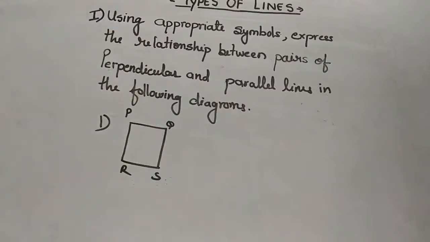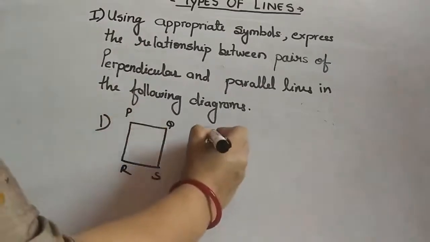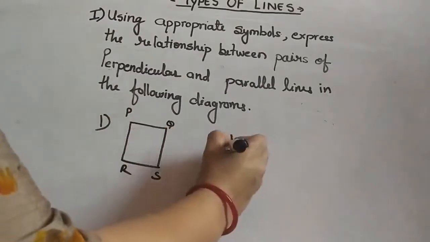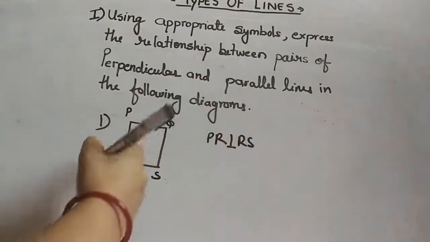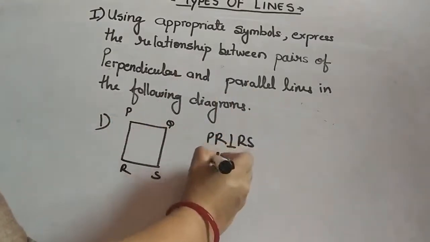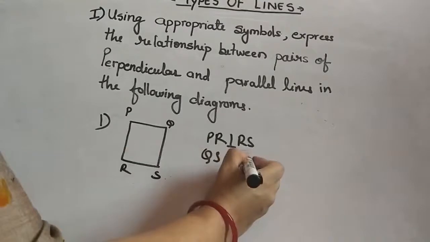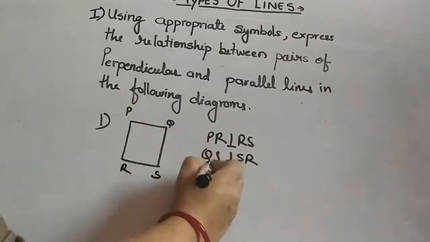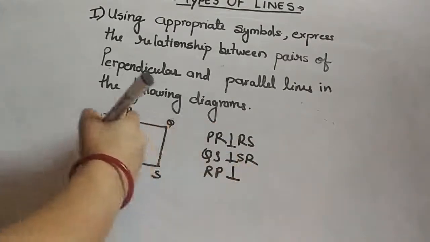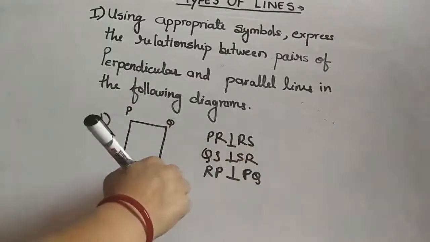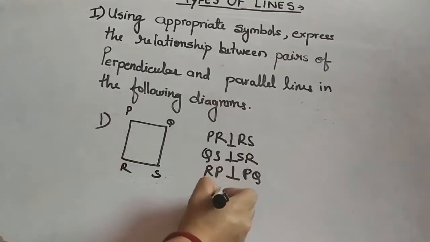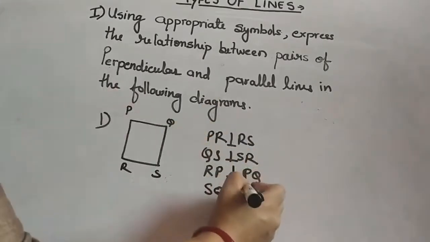So first we will write the perpendicular pairs. PR is perpendicular to RS, like this. QS is perpendicular to SR. RP is perpendicular to PQ. SQ is perpendicular to QP.